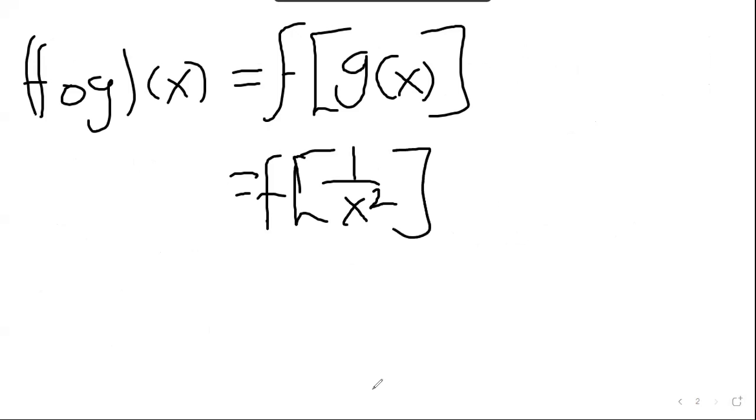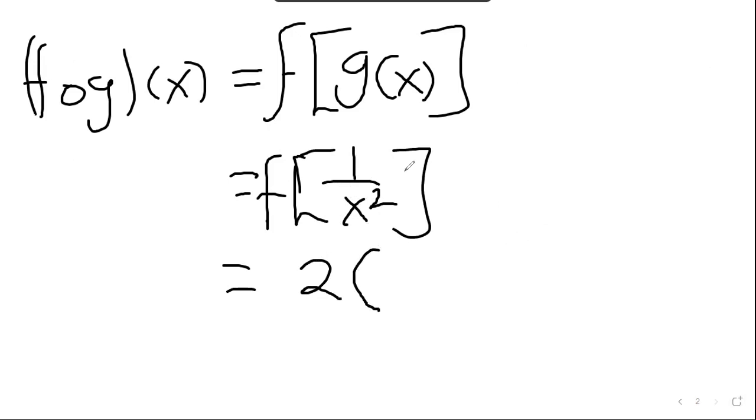Now that we have written it like this, what follows next is, in this function of f, wherever you find an x, replace it with 1 over x squared. So now in the function of f here, we have 2x.